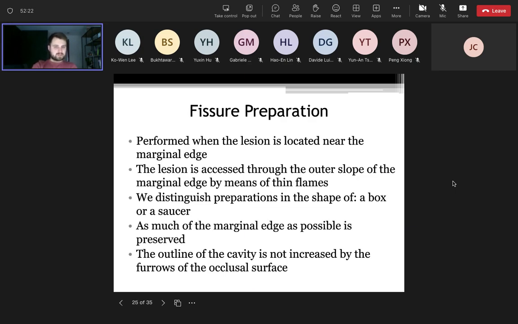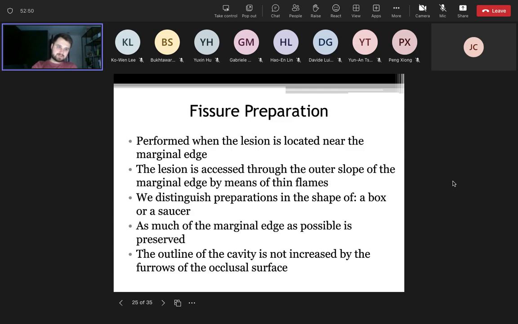So this fissure preparation is not to be confused with the PRR. It's not the fissure on the biting side. We create a fissure on the proximal side. We perform it when the lesion is located near the marginal edge. The lesion is accessed through the other slope of the marginal edge by means of thin flames.